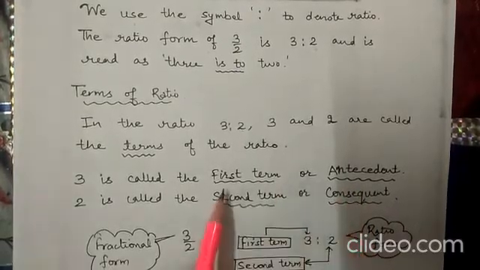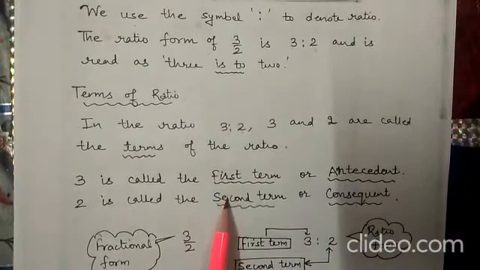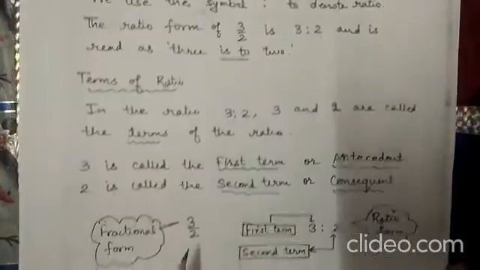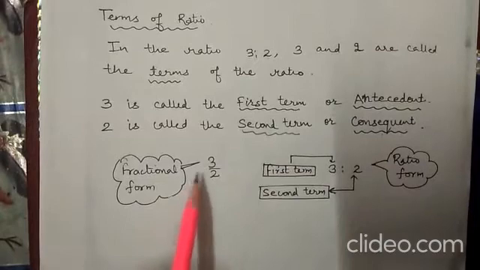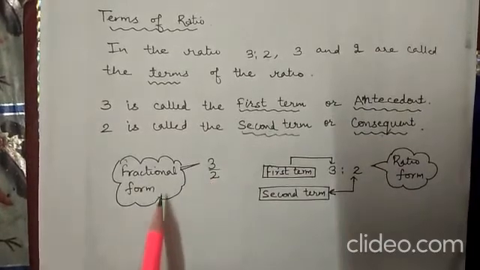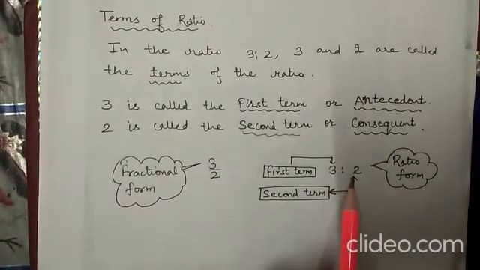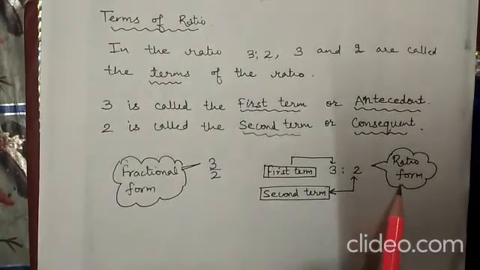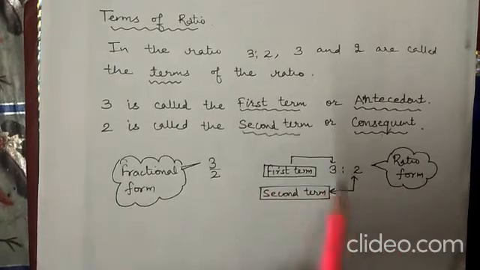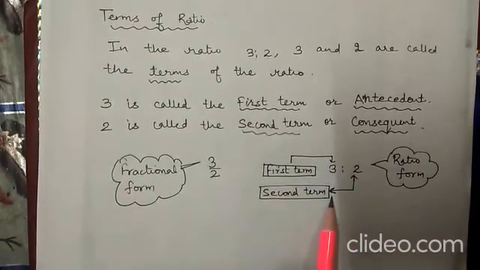Generally we say first term or second term. Okay, now 3 by 2 is called the fractional form, and when we write it in this form, it is called the ratio form. Here is the first term and here is the second term.